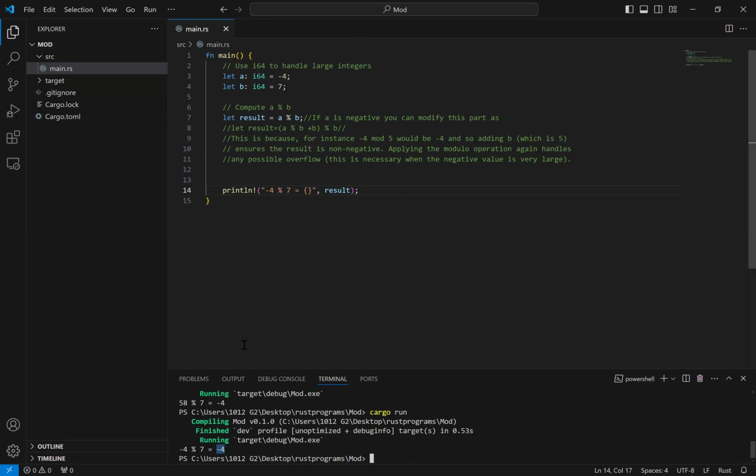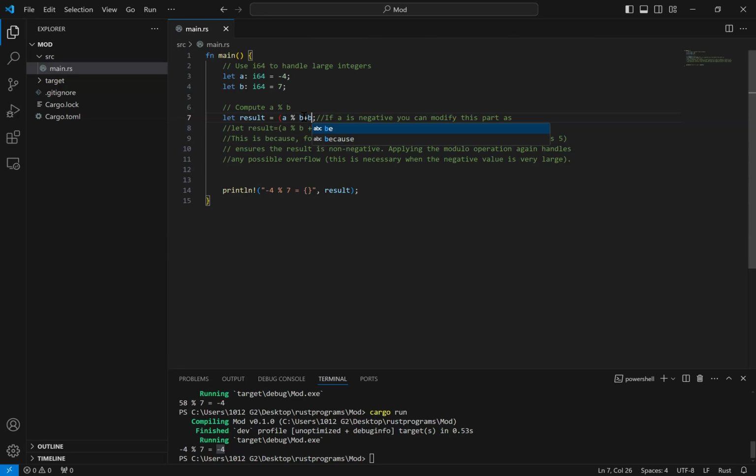So to get positive 3, we just modify this part. The remainder of A on dividing by B, then we add the mod to it, and then close the bracket.